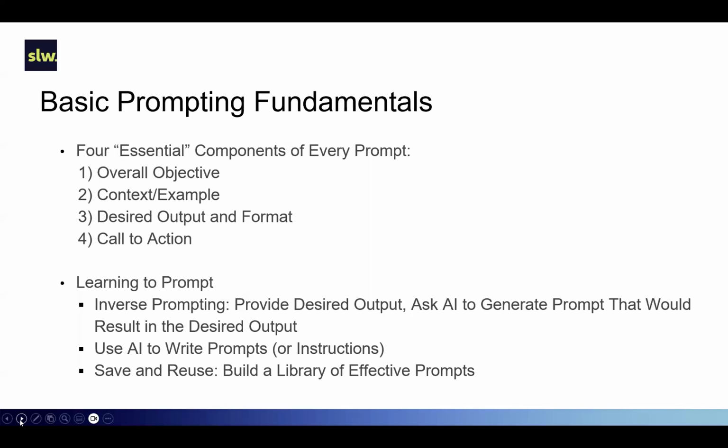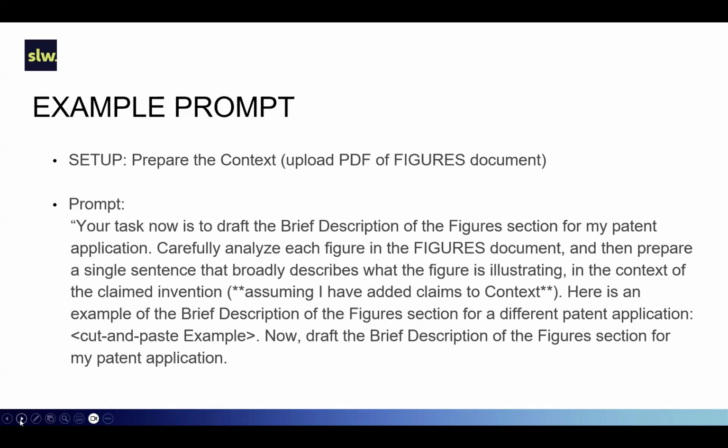So that's a good way to generate a user prompt or an instruction. Obviously, if you come across a good prompt, or if you have a very specific prompt, I would highly recommend that you save and reuse that prompt. And the next slide, please.